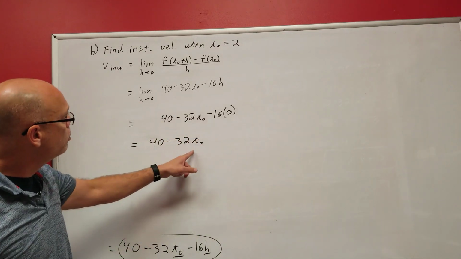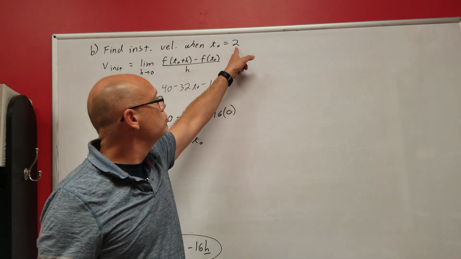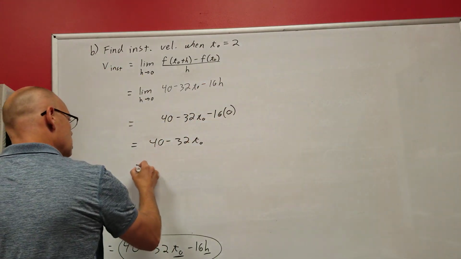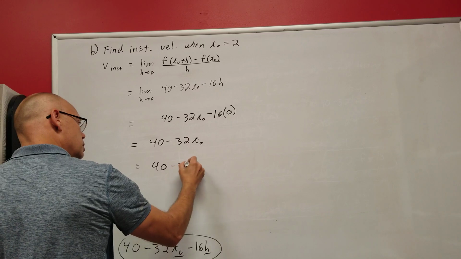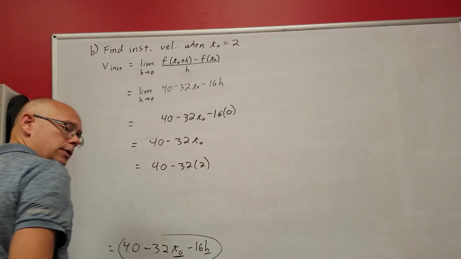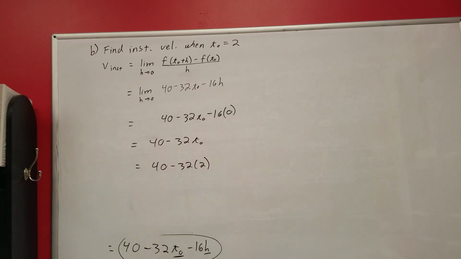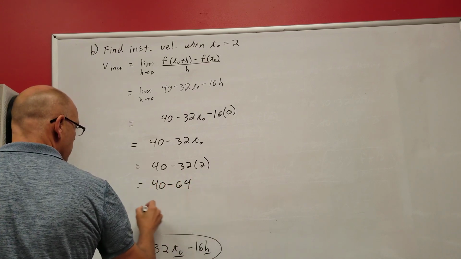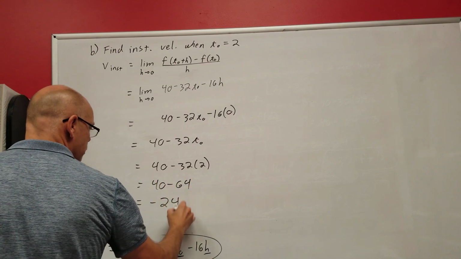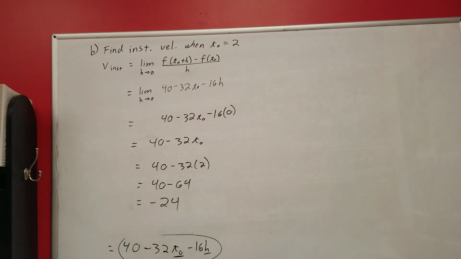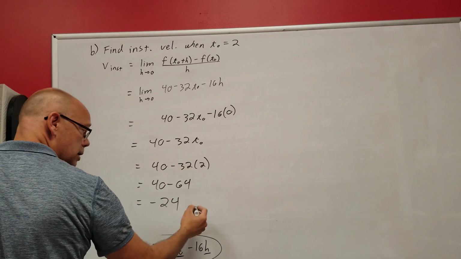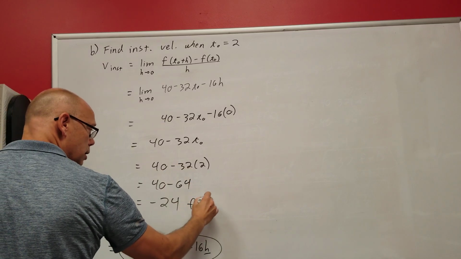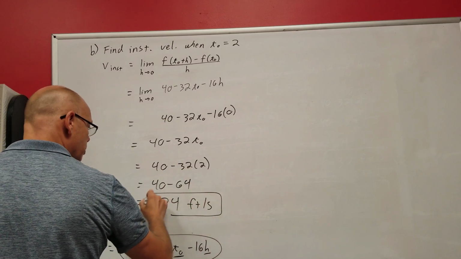But what is t naught here? 2. So I'm going to put 40 minus 32 times 2. Well, what does that give me? 40 minus 64. What is 40 minus 64? Negative 24. Again, I'm looking at a velocity, in particular an instantaneous velocity, but my units are going to be feet per second.